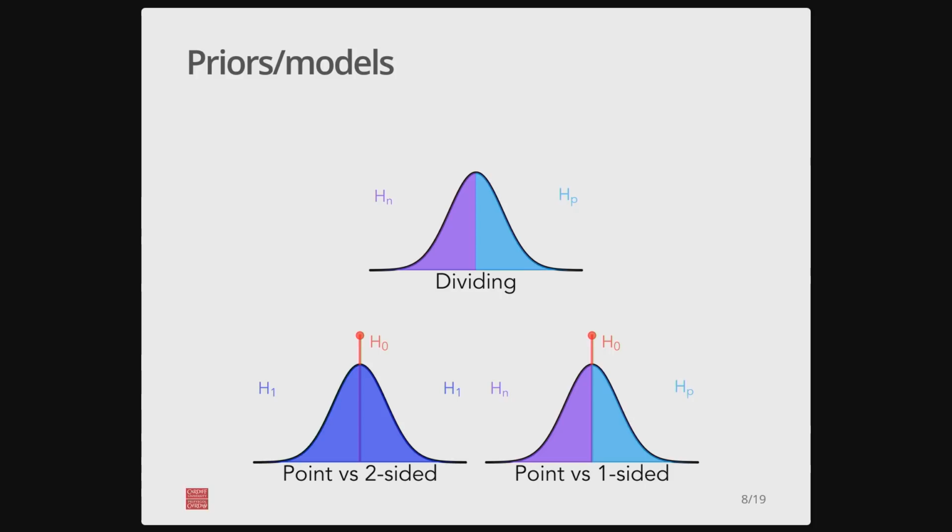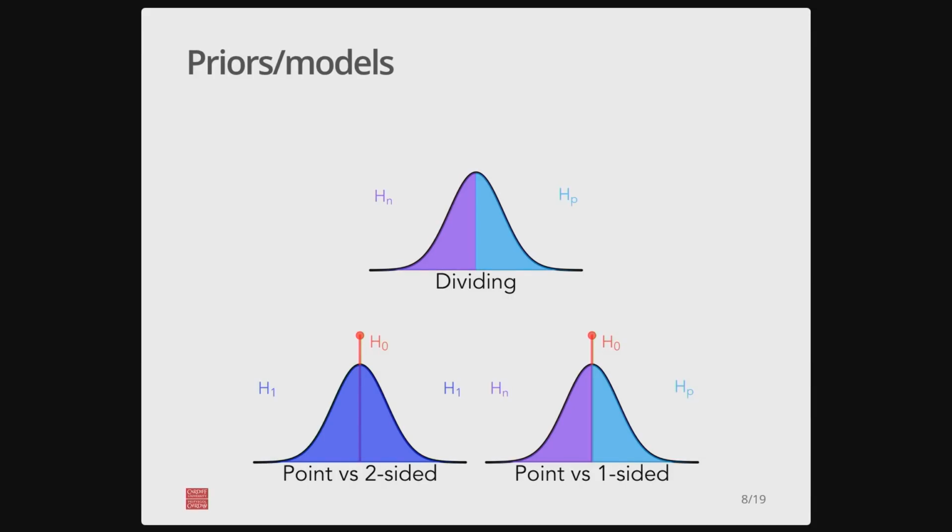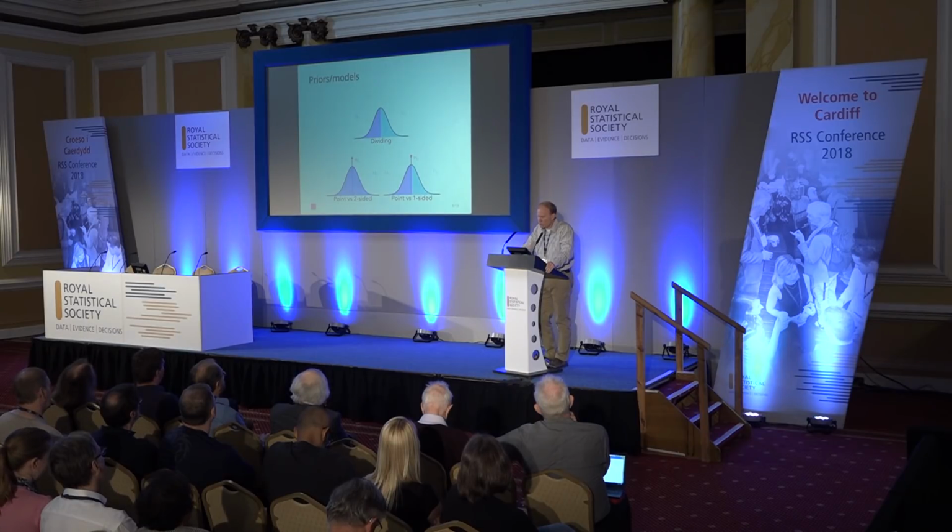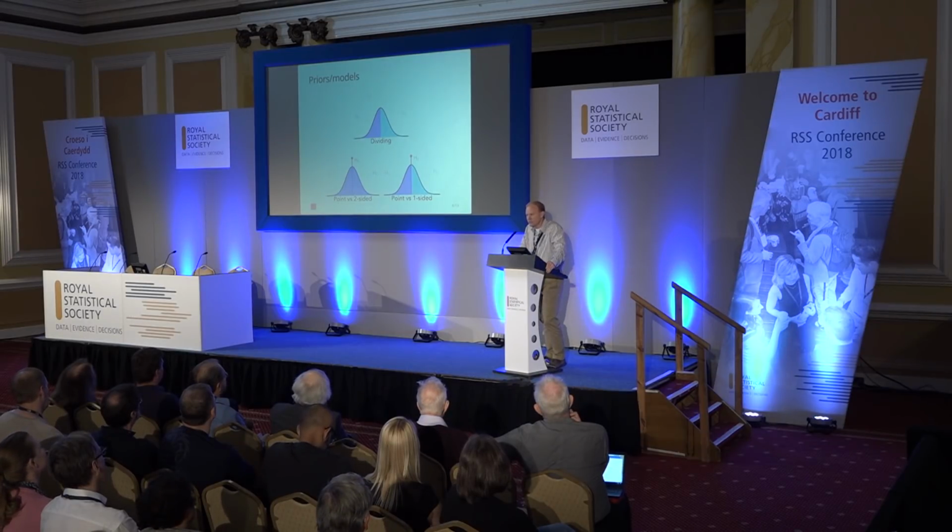And then I can choose to use a point null and have two alternative hypotheses. This corresponds to two one-sided tests, my positives and my negatives, because any scientist is going to be interested in whether the effect is positive or negative, and no scientist is going to say, I don't care whether the effect size is positive or negative, I just care that it's there, right? So it's really important which of these three you decide to use.